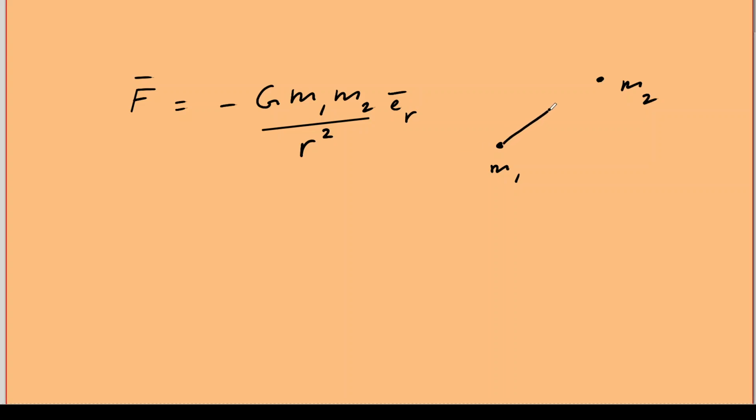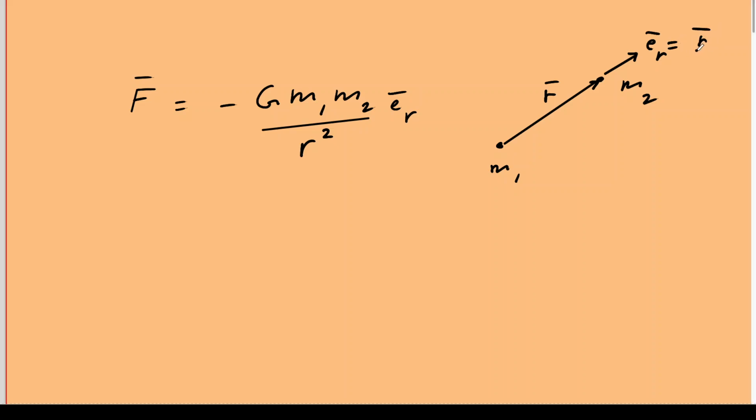You have a vector going like this, r. So e_r is in this direction, since it's like this, per definition.